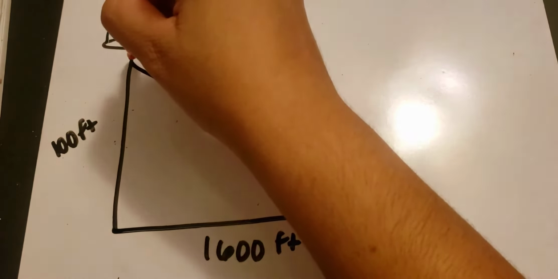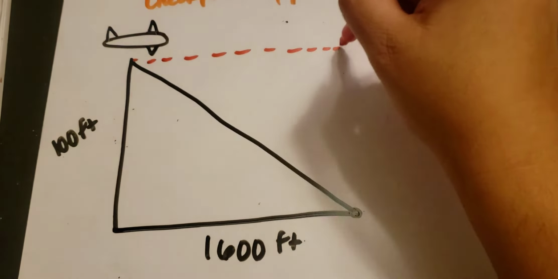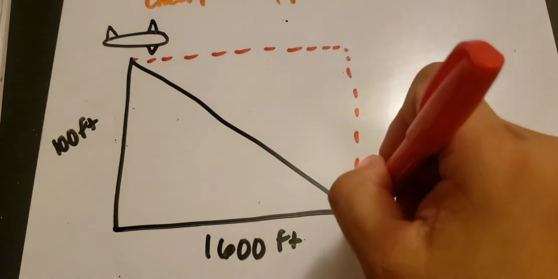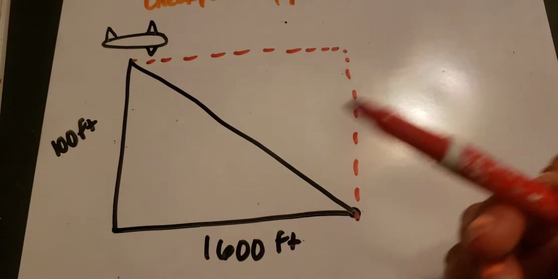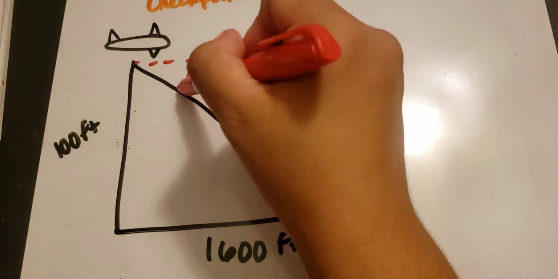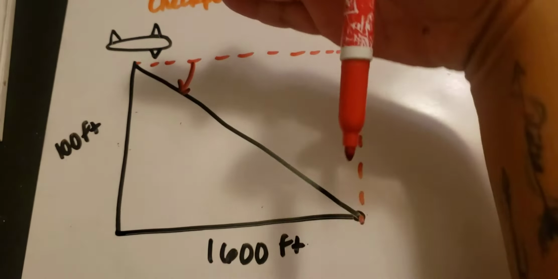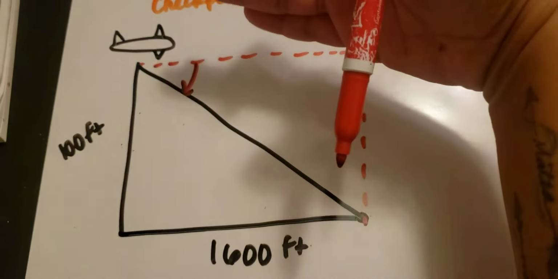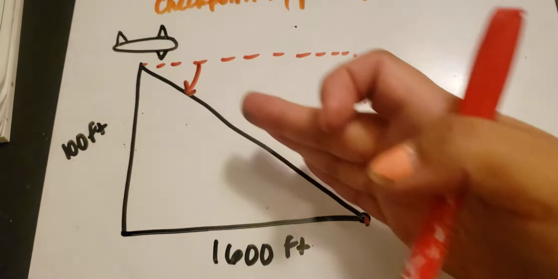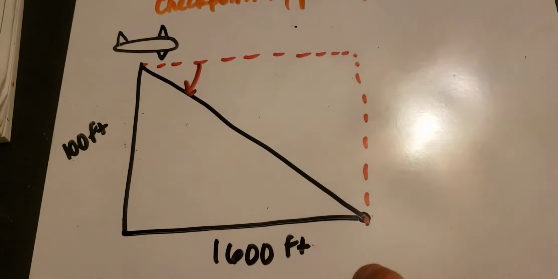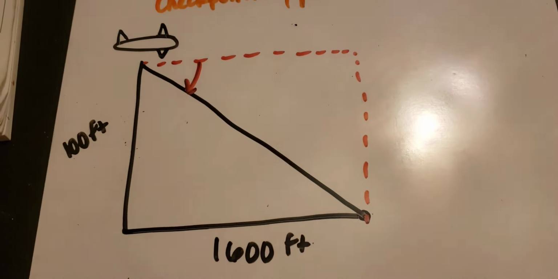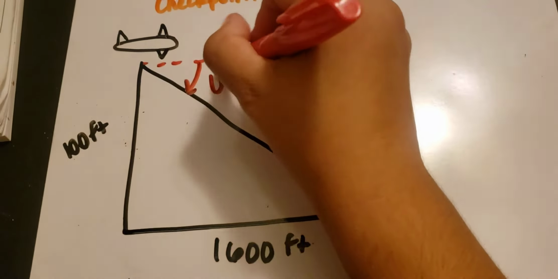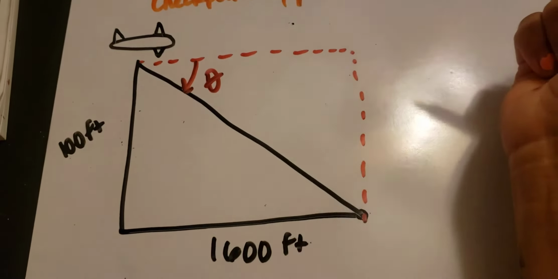I'm going to draw another triangle over here. Since we want an angle of descent, we're looking for this angle right here. How much does this plane have to descend and then go straight to the runway? So I'm just going to call this theta because now we're looking for an angle.